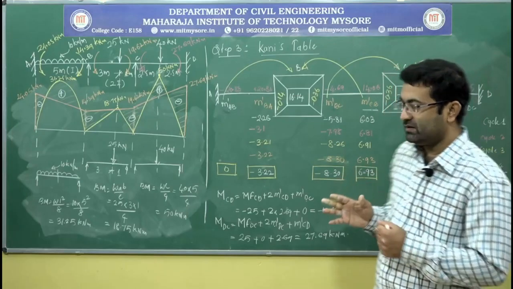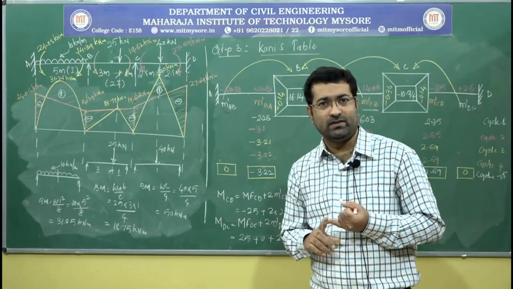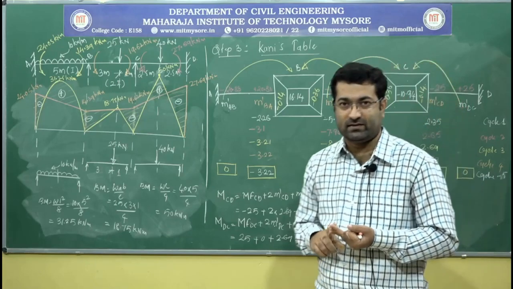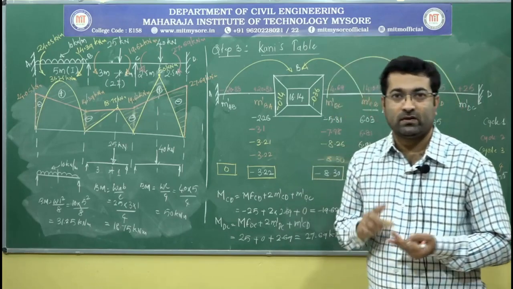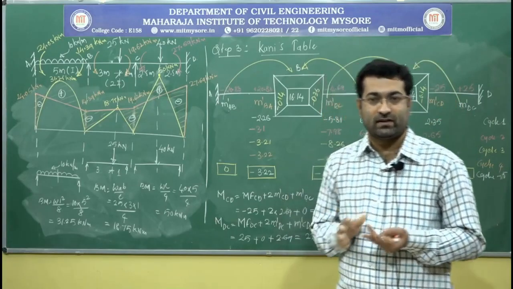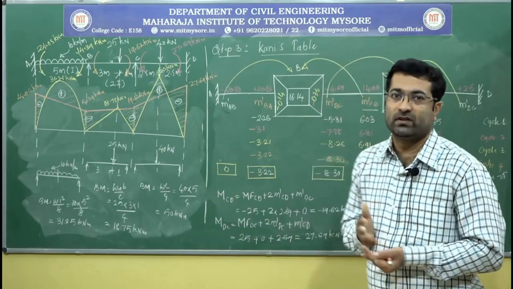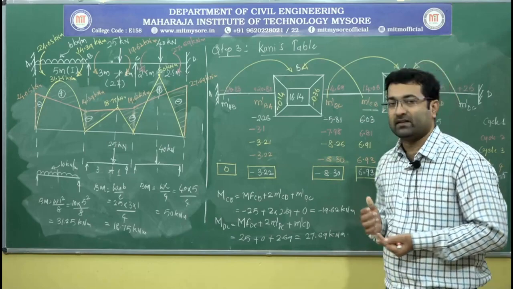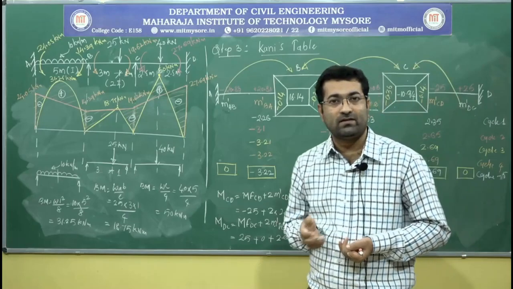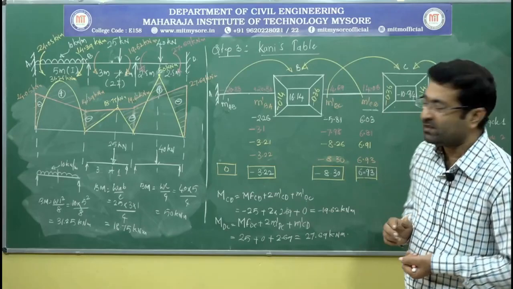So what we have done here is, if I summarize, first we have estimated the fixed end moments, then we have calculated the rotation factors. To calculate the rotation factors, we have gone with the same table of the distribution factor. So using the distribution factor values, we have gone for one more step of calculation as rotation factors. So we have used those fixed end moments and the rotation factors to calculate the rotation contributions in the Kani's method.